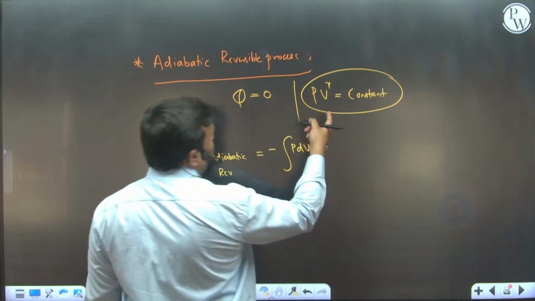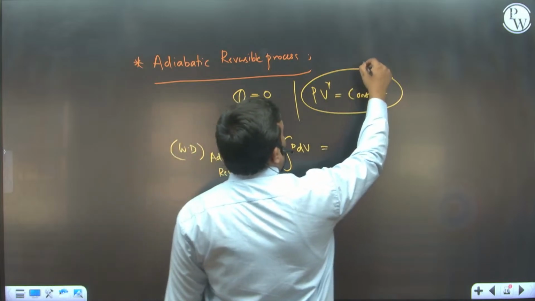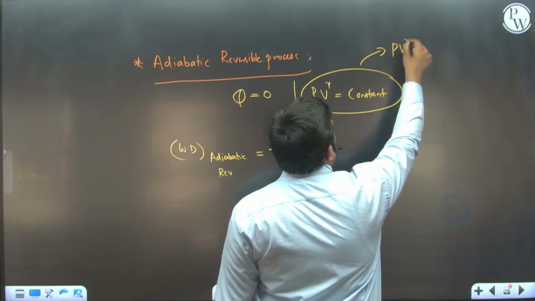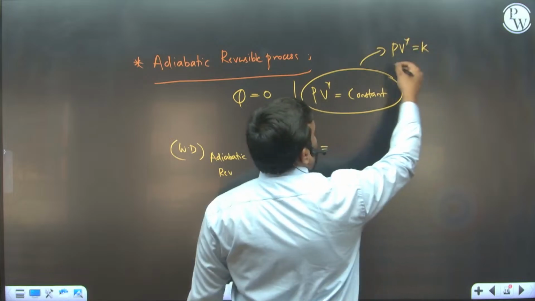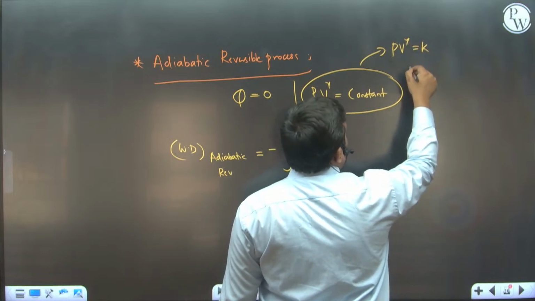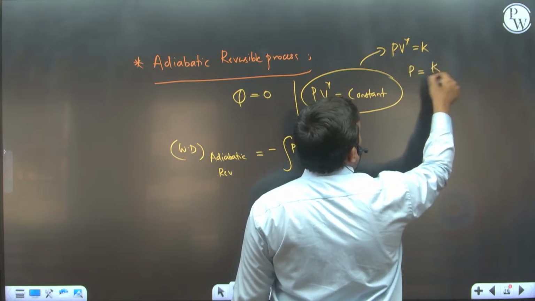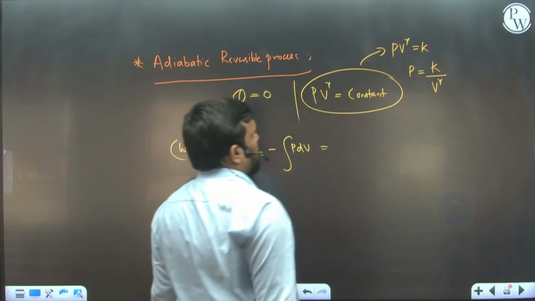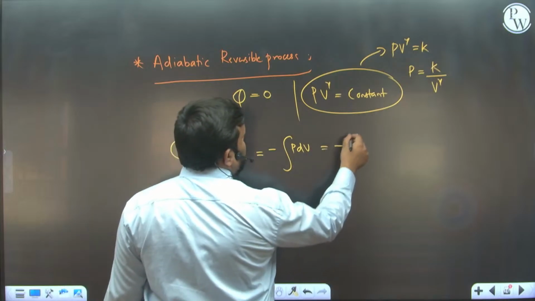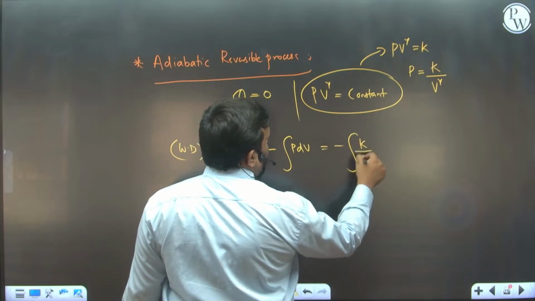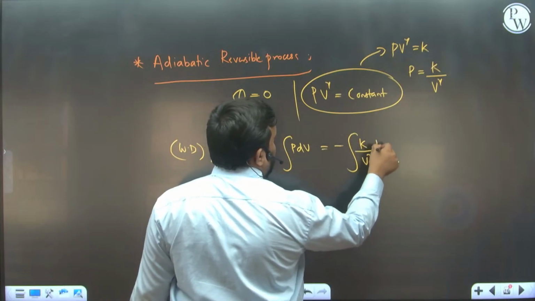So let us see what the P value is. PV power gamma is equal to K. From here we can get P as K upon V power gamma. So minus integral K by V power gamma dV.